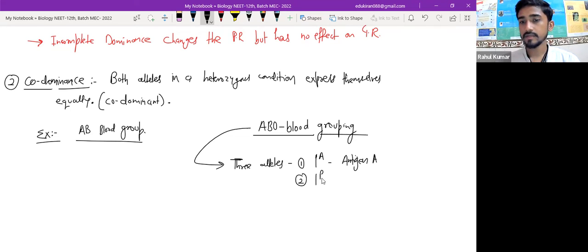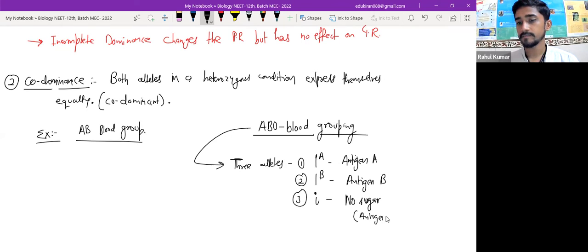Then there is allele B, which gives rise to antigen B. And then the third one is called small I allele. It's also called an empty allele because it produces no sugar. So if there is no sugar, there is no antigen.